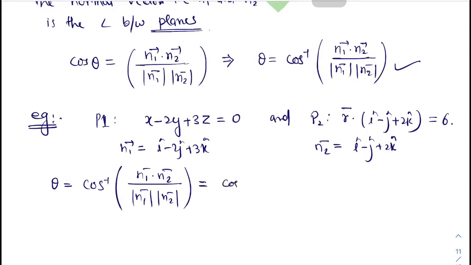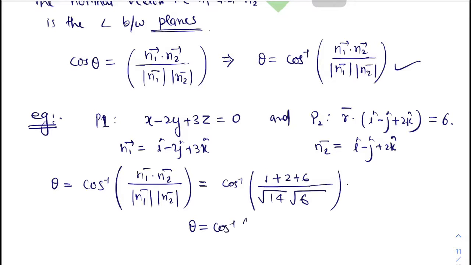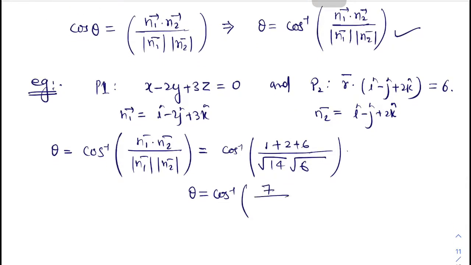So this will be cos inverse of n1 dot n2, which is 1 plus 2 plus 6, divided by the magnitude of n1, which is 1 plus 4, 5, plus 9 is 14, root 14, and the mod of n2 will be 1 plus 1 plus 4, that is root 6. So our answer will be theta equal to cos inverse of 7 upon root 84. So this is the angle between these two planes.